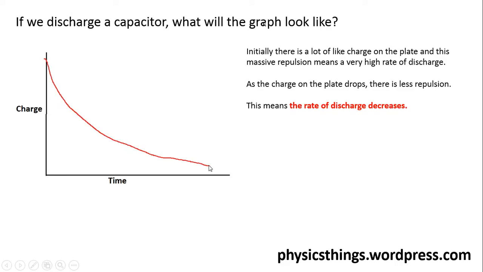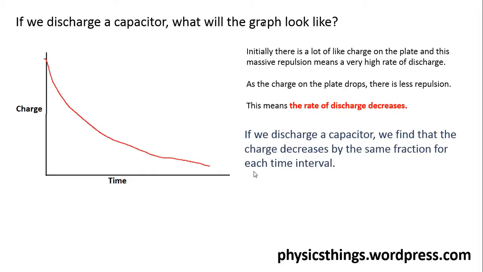Now in real life our capacitor will eventually lose all of its charge. In a purely theoretical situation, that capacitor is going to get continually closer to zero, but never quite actually get there.